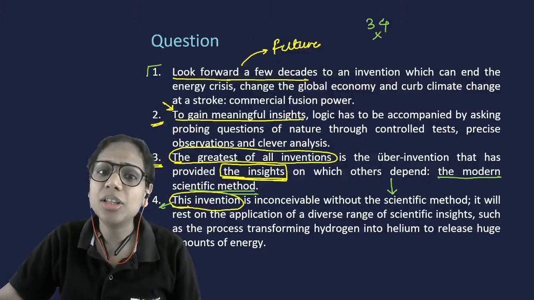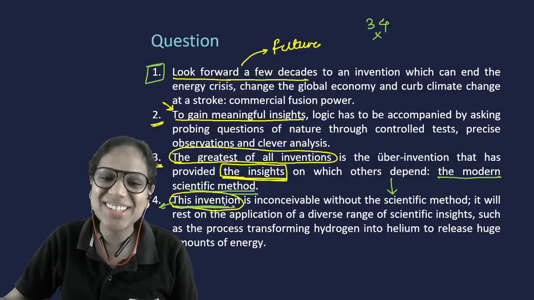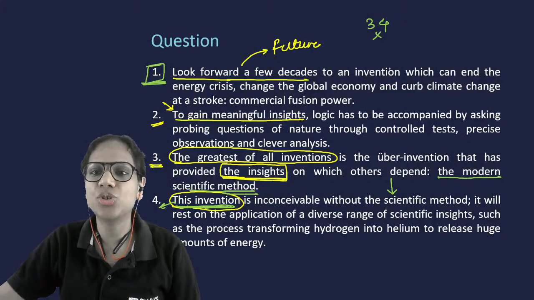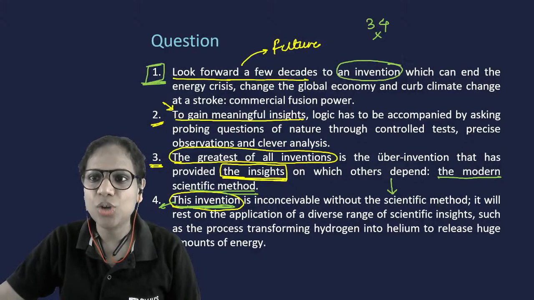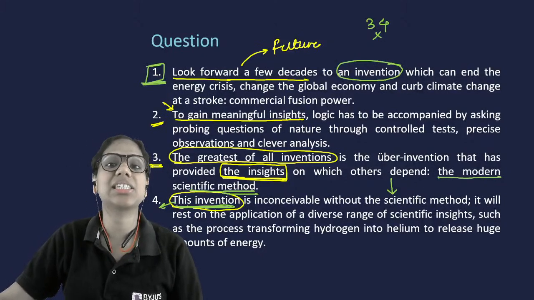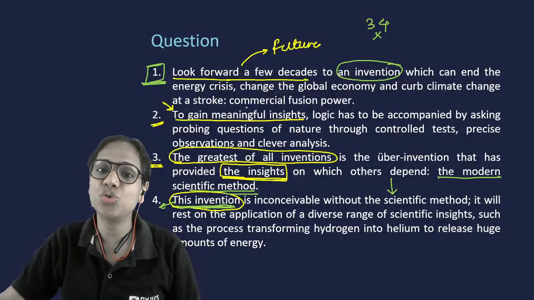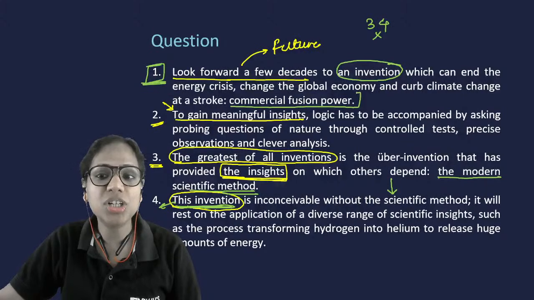That invention, which has been called this invention here, is talked about in one. Look forward a few decades to an invention which can end the energy crisis, change the global economy, and curb climate change at a stroke. What is that invention? Commercial fusion power.